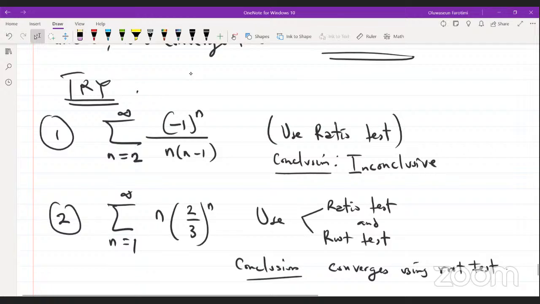It should converge in both cases actually. But I did it with the root test, and it should also converge with the ratio test.